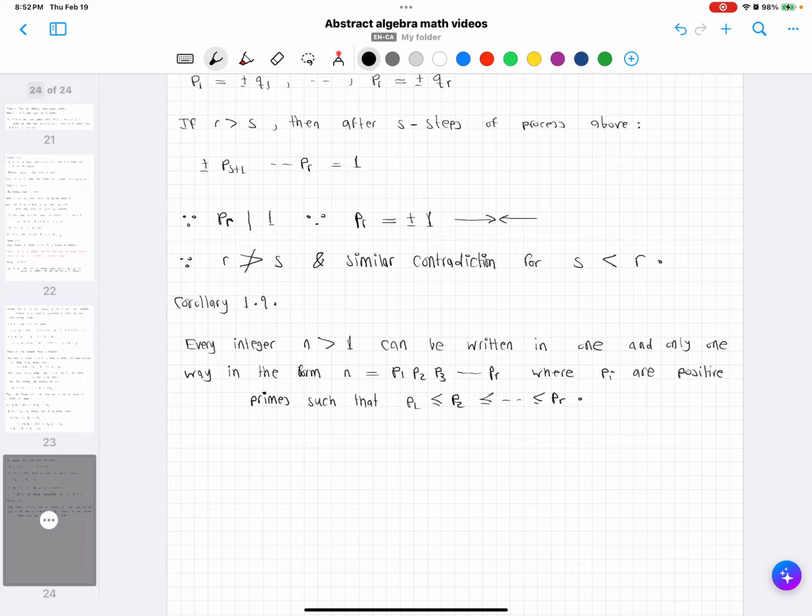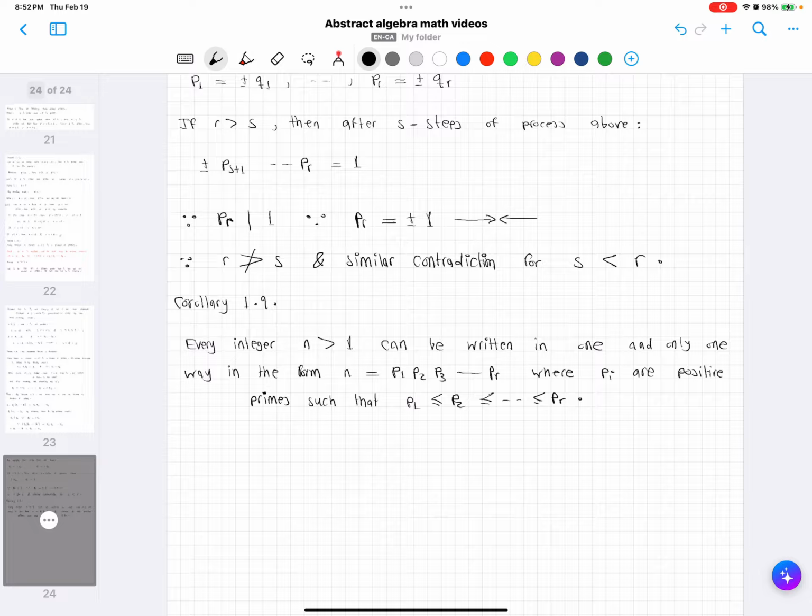This would be P1, and remove that, pick the minimum again, P2, and then we would have constructed n to be like that, and by the minimality and the well-ordering axiom, we get that the representation is unique. So yeah, that's the main core reason.